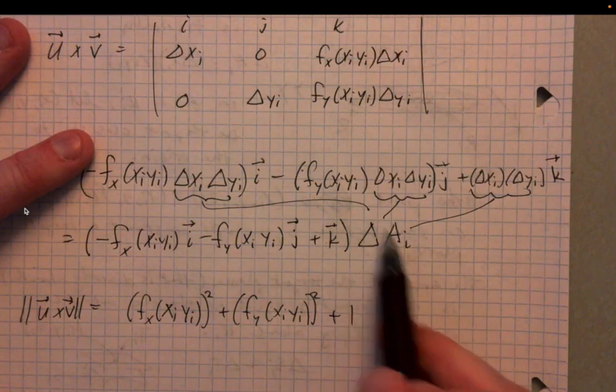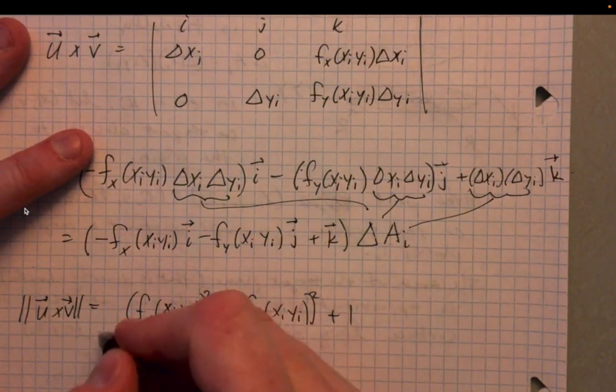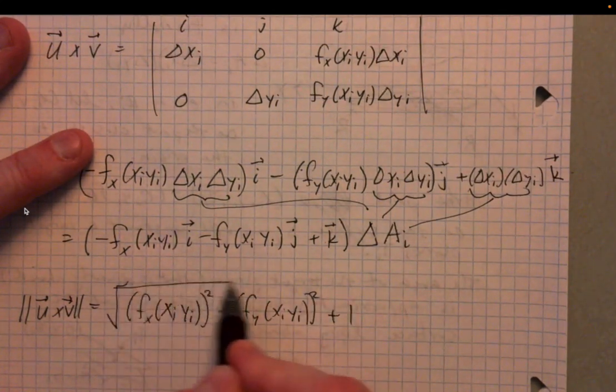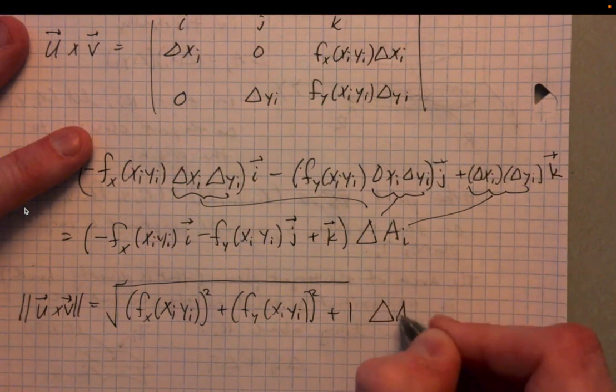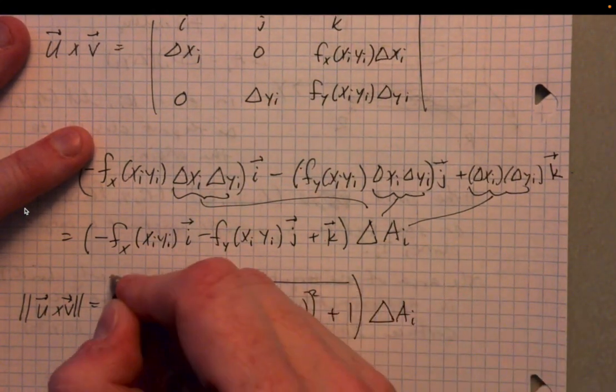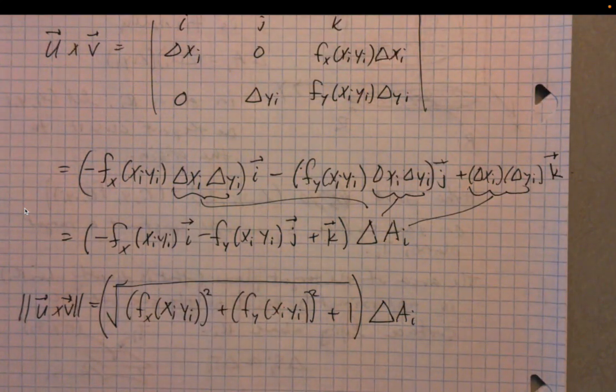And then the delta Ai is just a constant, so it comes out, and the whole thing is a square root. Technically it looks like that, doesn't it? Okay, and so this gets us a nice expression for the area of each of the Ti's.